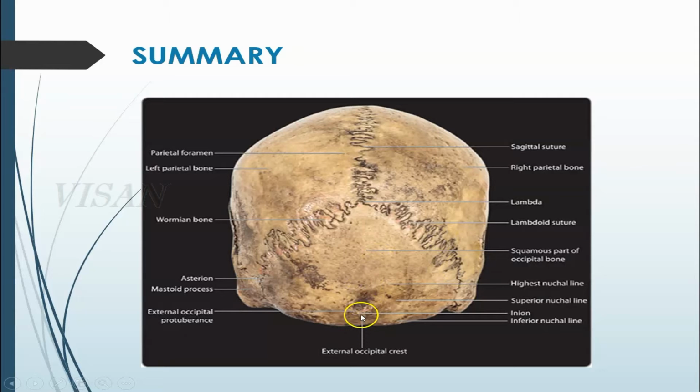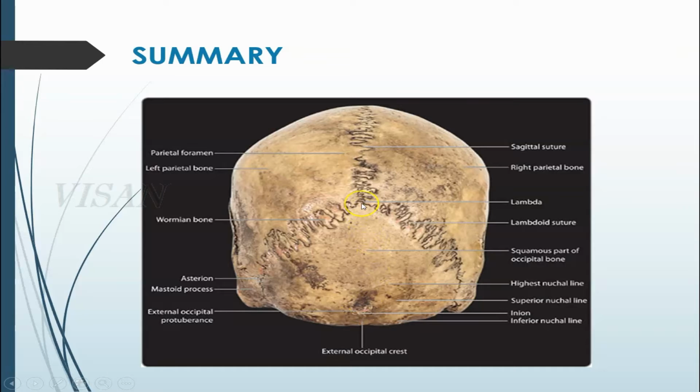Just below that is the external occipital crest, and lateral to the external occipital protuberance is the superior nuchal line, and lateral to the external occipital crest is the inferior nuchal line. We can see a very faint line just above the superior nuchal line called the highest nuchal line. The highest point of the external occipital protuberance is called inion.